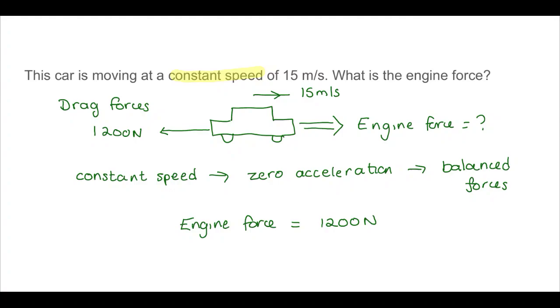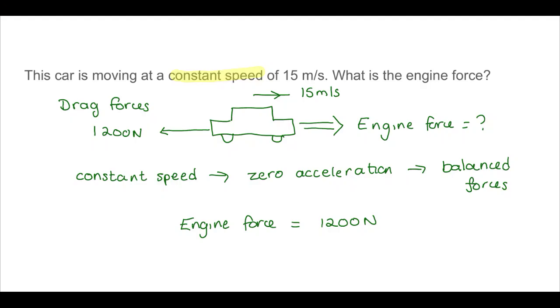So you need to look for clues like this in questions sometimes. There's nothing in this question that tells us specifically that acceleration is 0, or that the forces are balanced. So we have to be able to pick up clues like this about constant speed to figure that out.